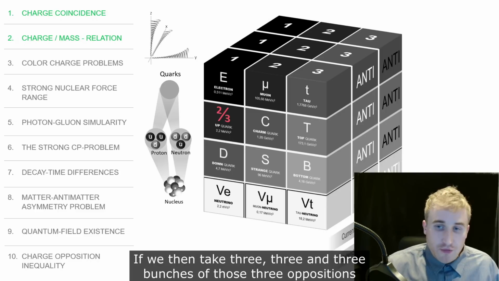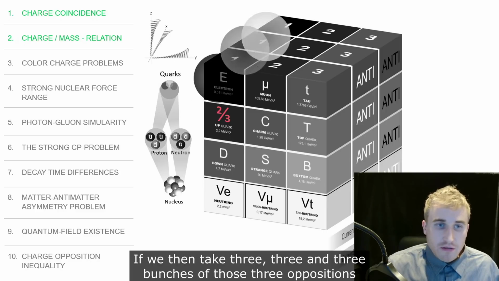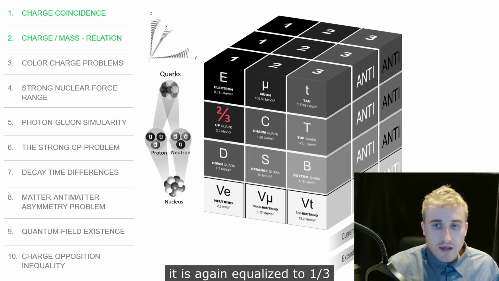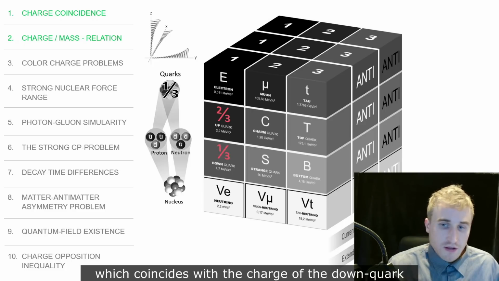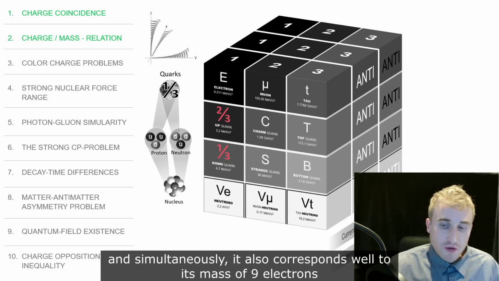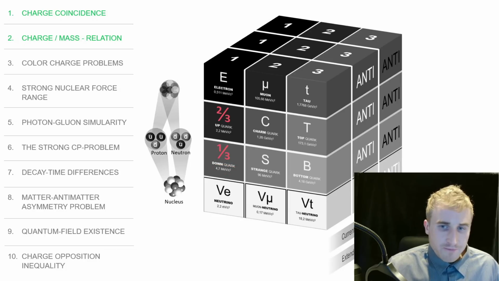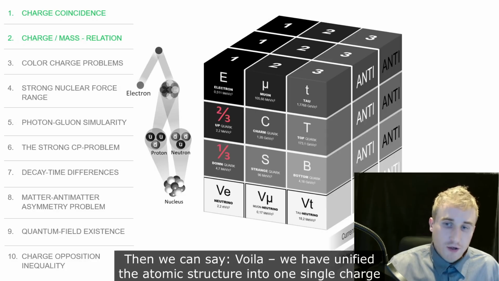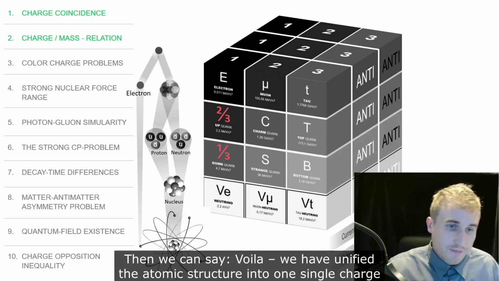If we then take three bunches of those oppositions, it is again equalized to 1/3, which coincides with the charge of the down quark, and simultaneously it also corresponds well to its mass of 9 electrons. And then we can say, voila, we have unified the atomic structure into one single charge.